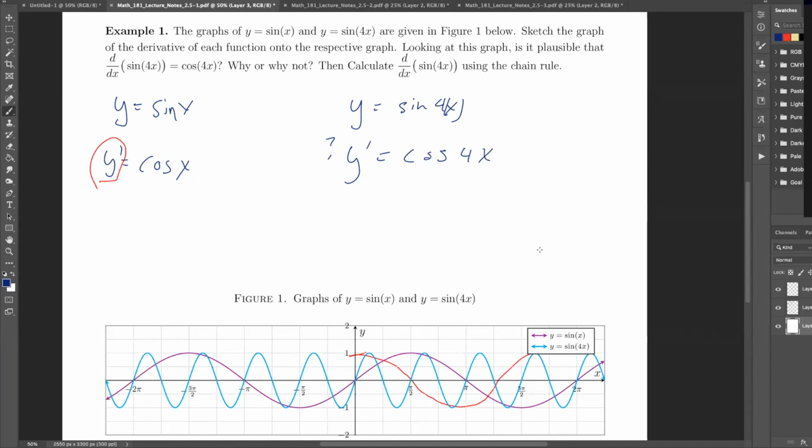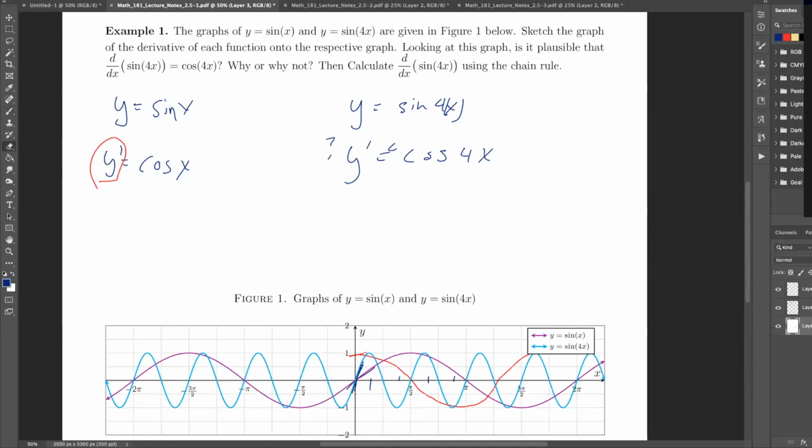It comes up, it goes down. Here it zeroes out, here it zeroes out, here it zeroes out. So it's just going faster. However, this slope right here is much steeper than this slope, because it has to go up much faster. In fact, it's 4 times steeper. And so what it really is is cosine, and this is 4.